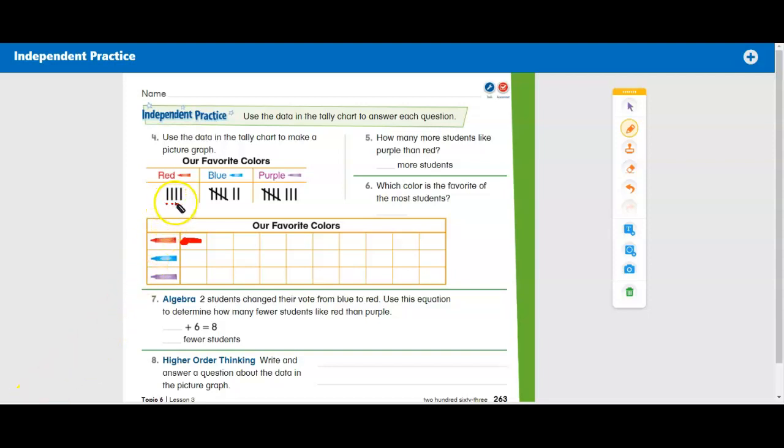So count how many people chose red and how many people chose purple. Then you can count how many more people said they liked purple than red? Write your number in the blank.